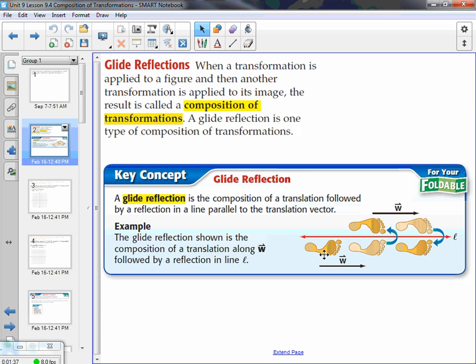So if you start with this foot and then you translate it up to here, reflect it across that line of reflection, translate it up to here, reflect it across that line of reflection, and so forth. Now, you can make as many different transformations as you want. You can just do one translation, one reflection. You can do translation, reflection, as many times as you want.